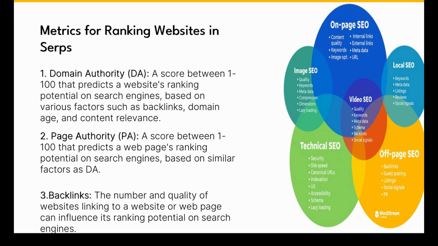Backlinks. If you ask me, one of the best and most important metrics of ranking on search engines, I will tell you it is backlinks. The number and quality of websites linking to a website or web page can influence its ranking potential on search engines.